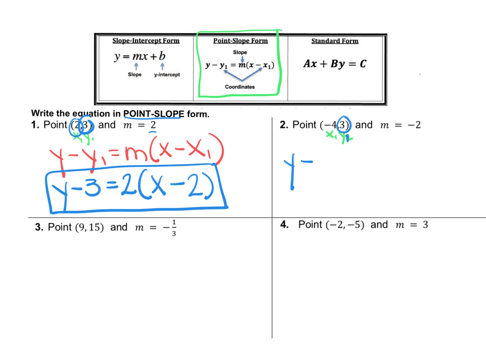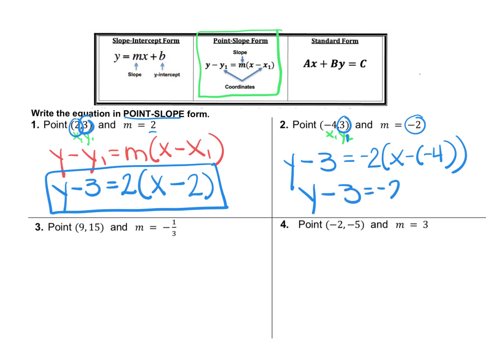Our y minus 3 is equal to, we have a slope of -2, and then we have x. Now notice you have minus -4. We know that whenever you've got a minus and a negative, that's going to become a positive. So we'll have -2 times (x + 4).